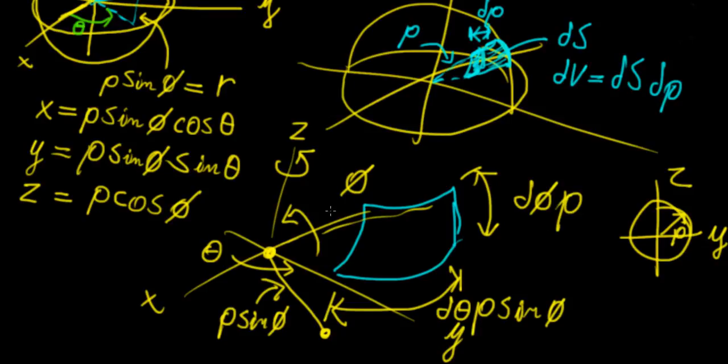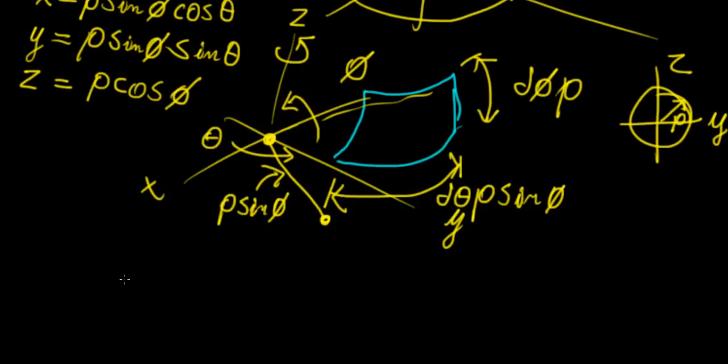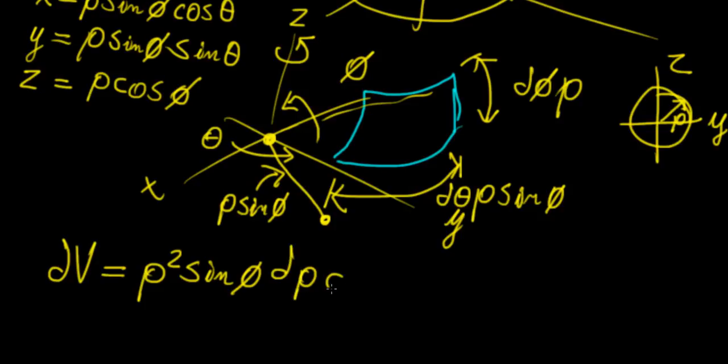Now all we need to do to find the volume element is to multiply these quantities together, and then we're going to multiply by this. So in the end, we're going to end up with the following. Element of volume is going to be equal to rho squared sine of phi, and then we're going to have d rho, d phi, and d theta.